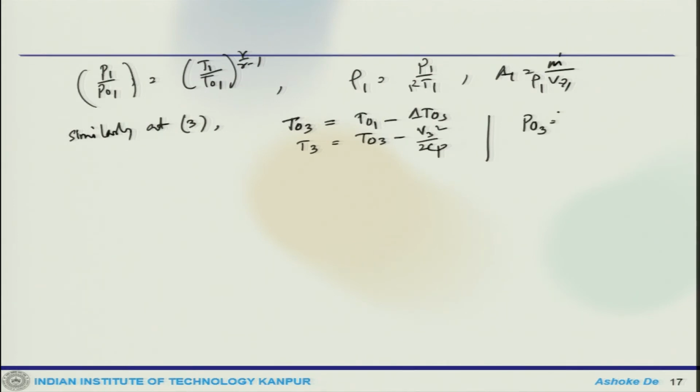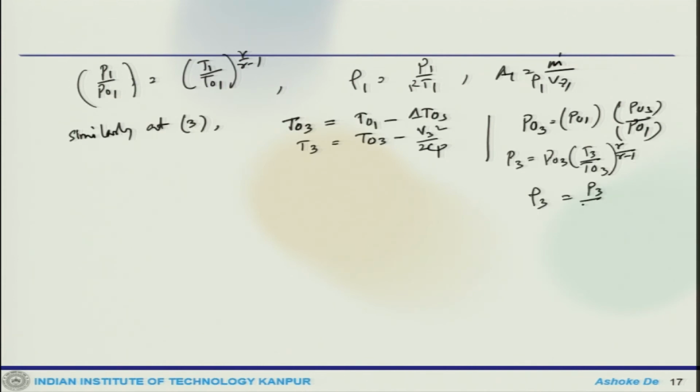So, P naught 3 is, now we use the relationship of P3 equals P naught 3 times T3 by T naught 3 to the power gamma by gamma minus 1, and rho 3 is P3 by R T3. So, we get A3 equals m dot by rho 3 Vz3.